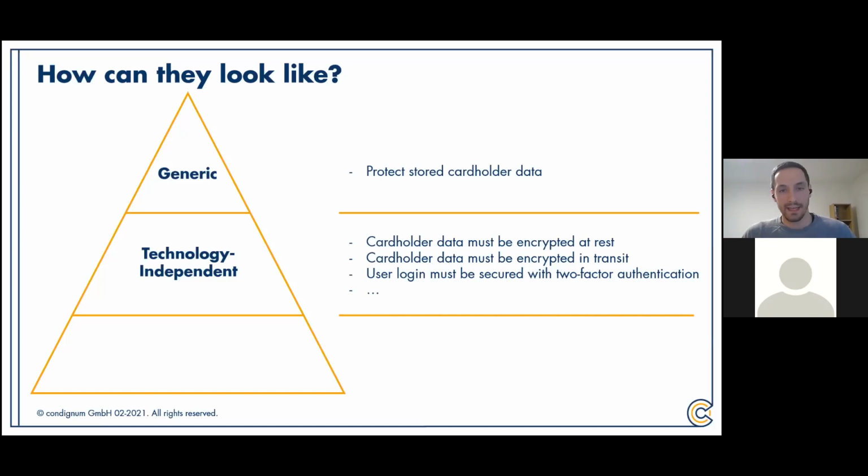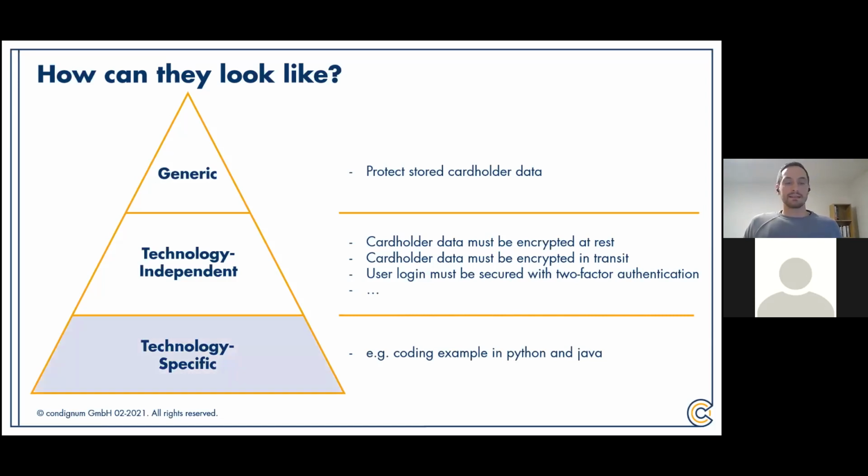And if you've done that, there is also a third level, which we call the technology-specific requirements, or actually it's an extension for the requirements, because you can just extend those technology-independent requirements with technology-specific details, like, for example, coding examples in the different languages you use in your company.